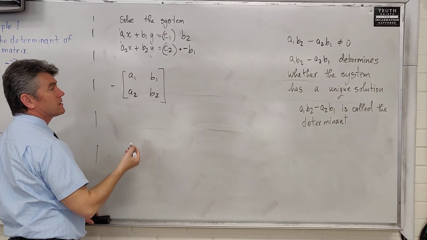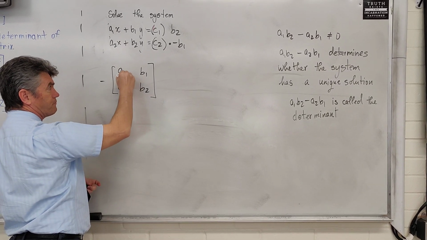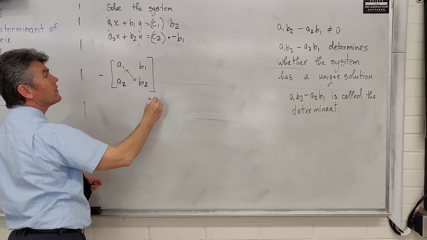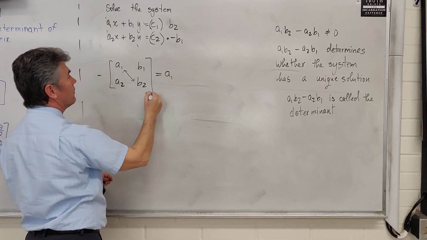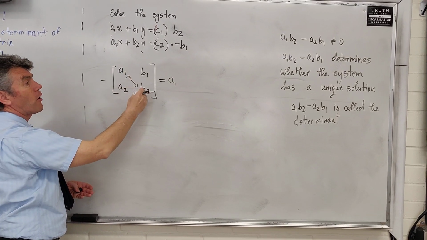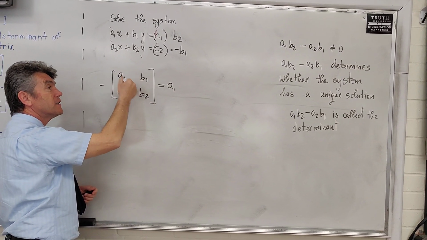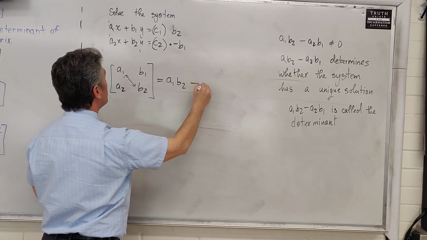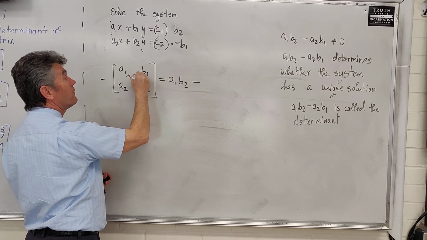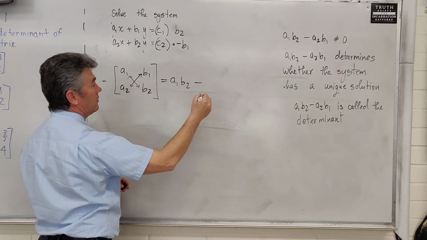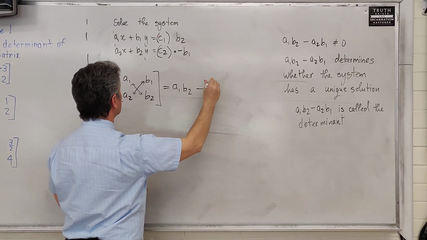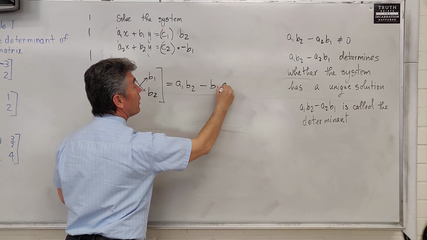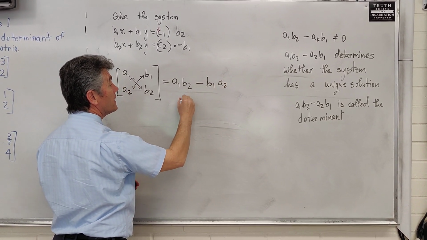And we notice that the product of the elements located in the main diagonal, a sub 1 times b sub 2, minus the product of the other two entries, b sub 1 times a sub 2, is the determinant.